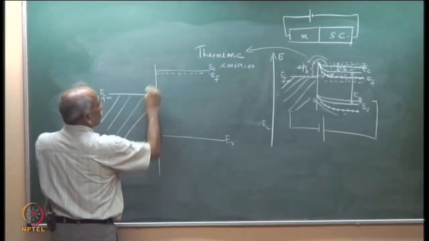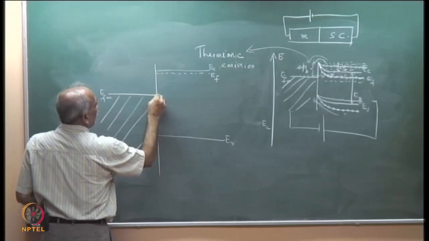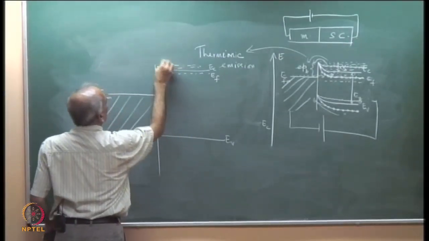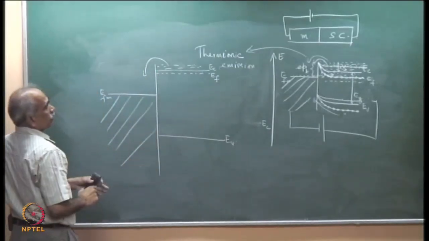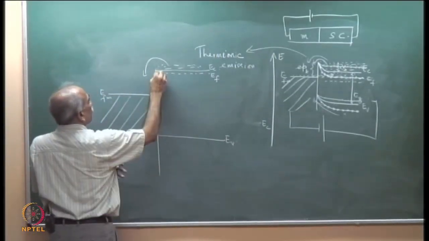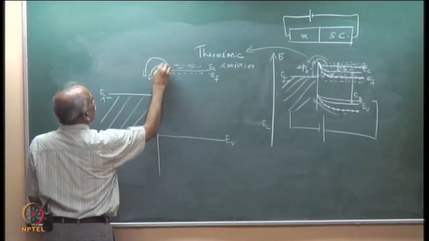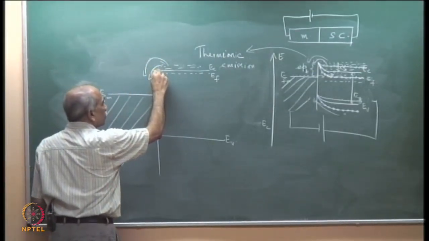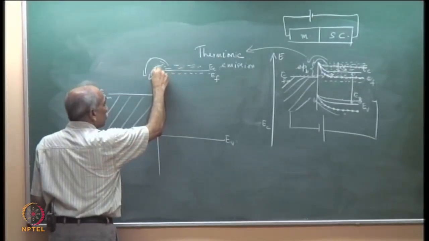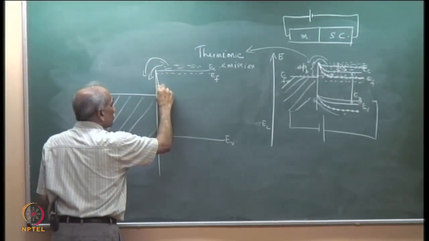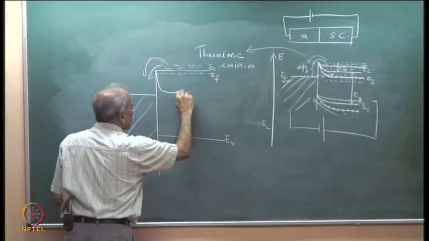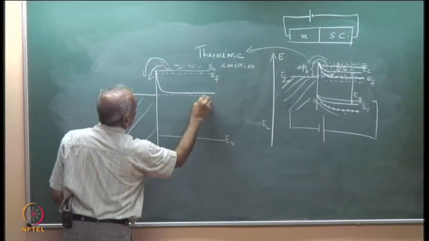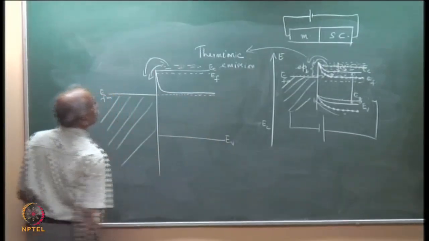As soon as the contact is made, the Fermi level has to be aligned. So, electrons from here go over the barrier and get poured into this side, and this band starts coming down. Because it is N plus doped, this is aligned now.